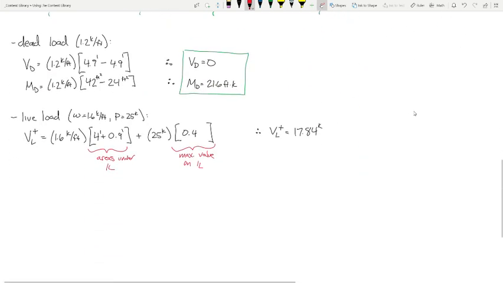What do I do? So what goes here? Not 4.9. Negative. Negative 4.9. What goes here? Negative 0.7. Exactly right.